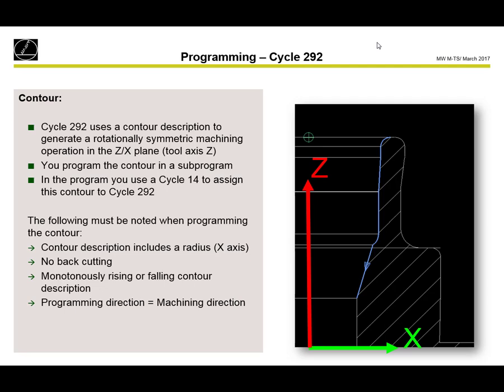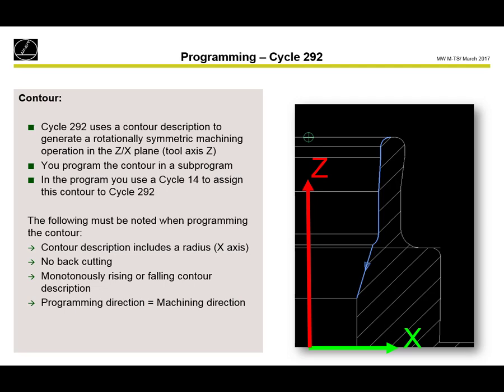We need to be sure that there are no back cuts inside of the contour, that the contour constantly falls or rises, so the direction is not allowed to change.